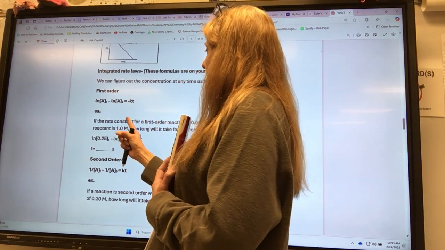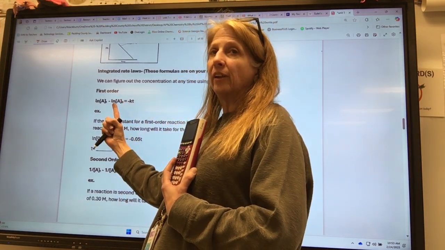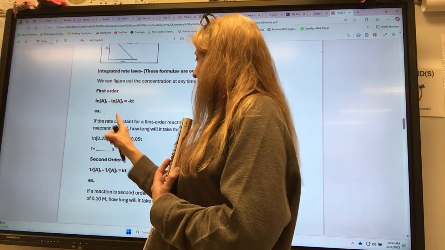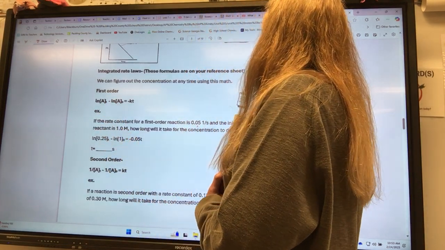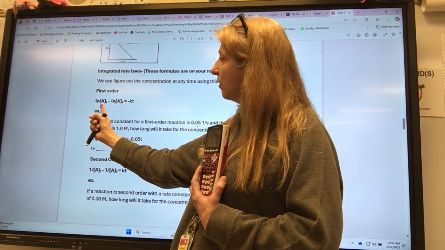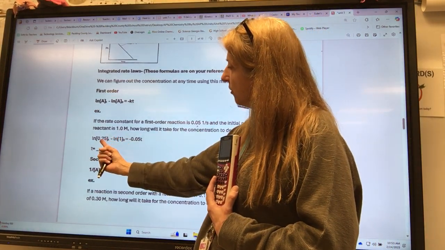The initial concentration is 1. Do you see how it's A sub 0? That's your first concentration, when time is 0. Put it in right there. How long will it take for the concentration to decrease to 0.25? That's the concentration that goes right here. So I substituted it in.